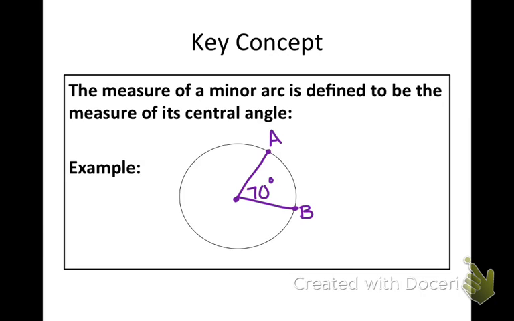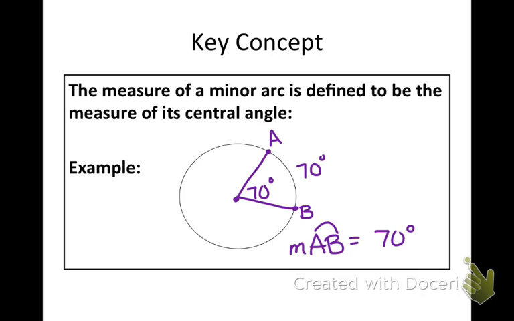Just like when we talked about the measure of an angle, the measure of arc AB is going to be equal to the measure of its central angle. So if its central angle is 70 degrees, then the arc will also be 70 degrees. The measure of arc AB is 70 degrees. Simple as that.